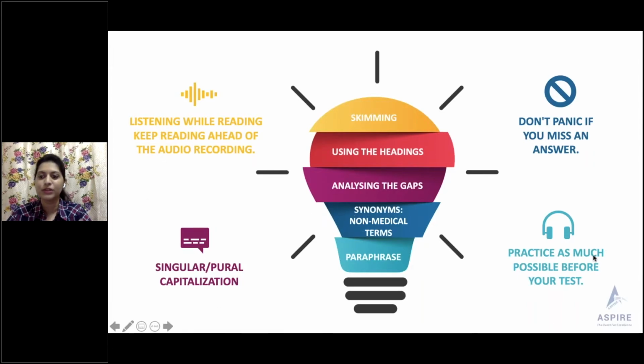Let me tell you the most important point: the answer is always given by the patient. Say in a consultation extract or a two-person question and answer extract kind of situation, you will always get the answer from either the patient or the second person who is giving the information. That is where you concentrate more, or focus, for the answers. And you can always use the healthcare professional's words as a guide.